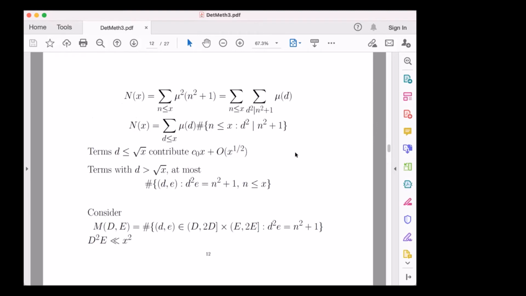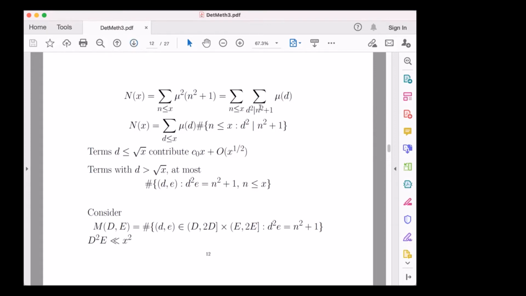Now, to get things started, we use the indicator function for n squared plus 1 to be square free, which you could represent as the square of the Möbius function of n squared plus 1. And one can represent this by summing over divisors d, for which d squared divides n squared plus 1, with a summand mu of d.